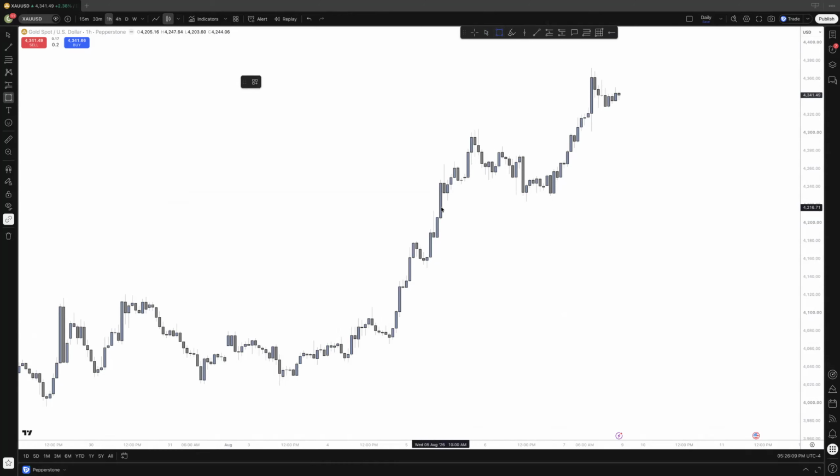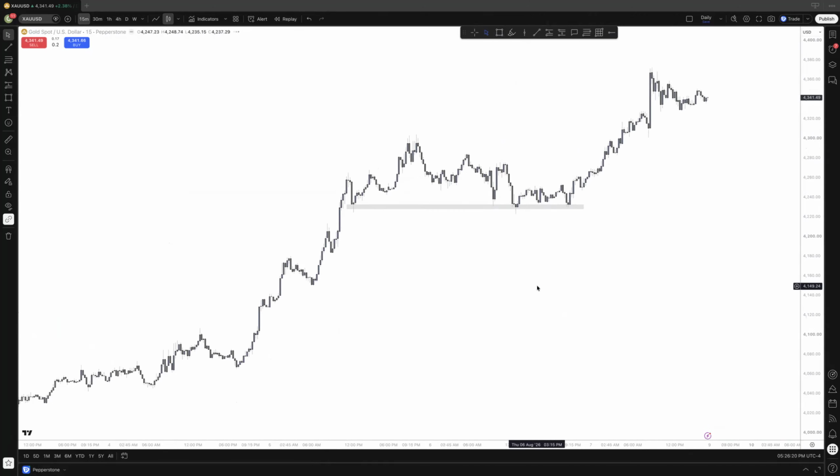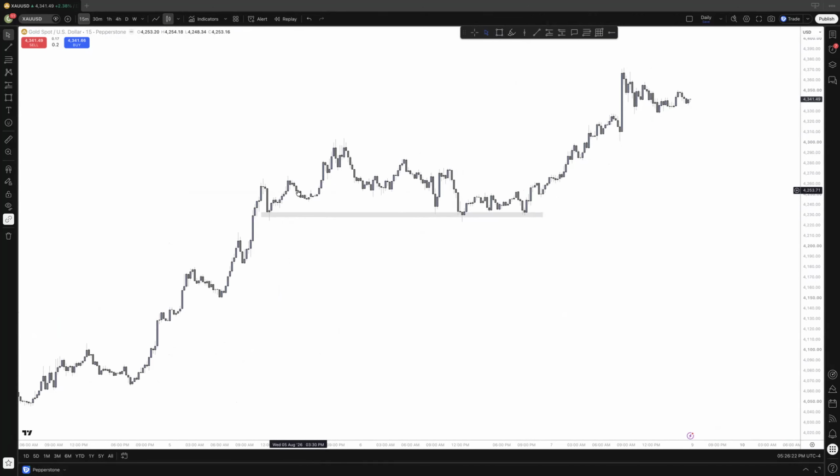And a nice area for that would have been pretty much in here, where we clearly have that floor that's built. Price pushes down. Oh, that might be cleaner on the 15. Let's do it on the 15. Yeah. You can clearly see here, price pushes up, pushes down again, and then we start building that floor, right?